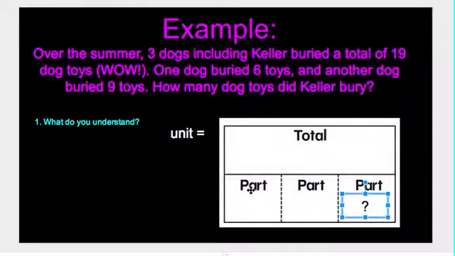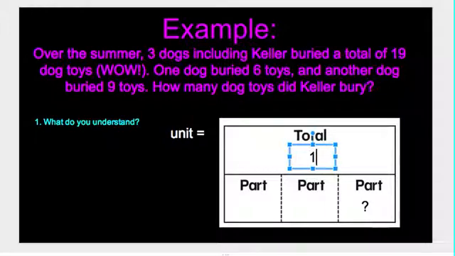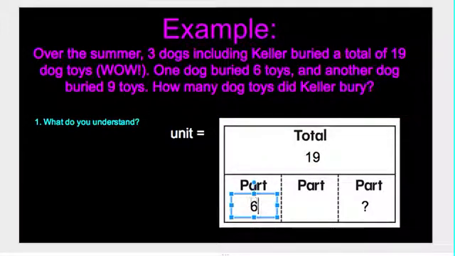So what information do we know from our story? We know that a total of 19 dog toys were buried. So that's a keyword, total. So in my total box, I'm going to write the number 19. We also know that one dog buried 6 toys. So in my part 1, I'm going to write 6.